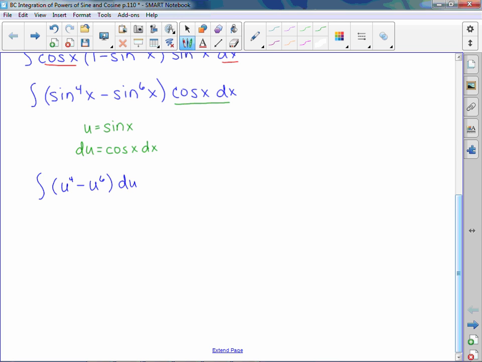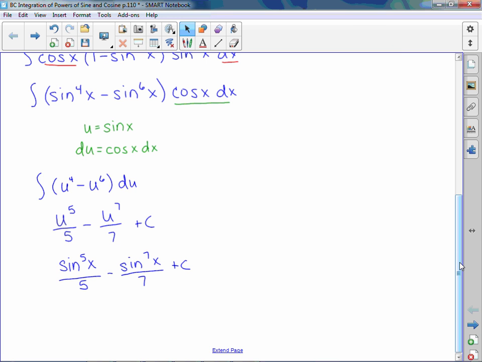On each of these, the parentheses really mean nothing now. So on each of these, I want to add 1 and divide by it. Add 1 and divide by it. Don't forget your plus c. And then substitute u equals sine x back in. So I have sine to the 5th x over 5 minus sine to the 7th x over 7 plus c. And that's it.